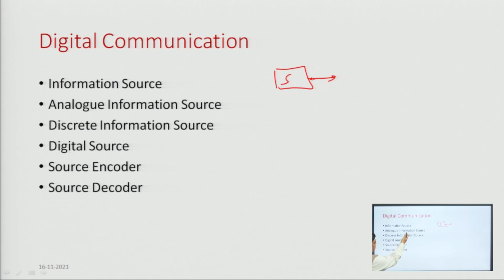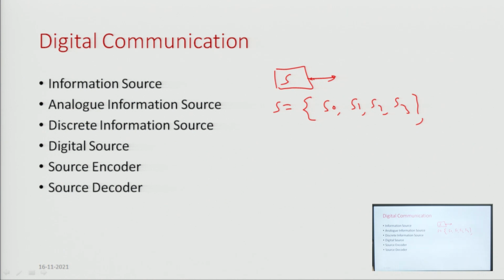We can characterize these sources: analog information source. If the output is discrete, then a discrete information source; if the output is digital, then a digital source. Suppose we take a discrete source S, which has some symbol outputs S0, S1, S2, S3.